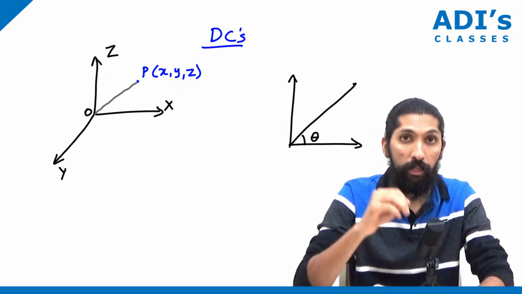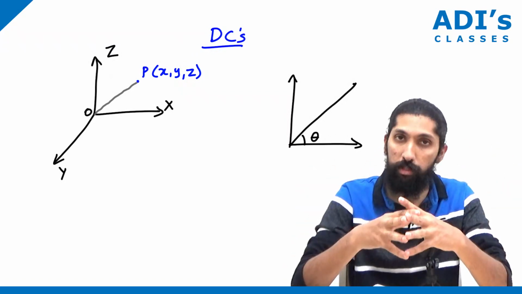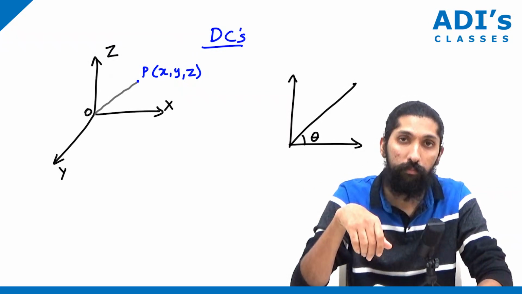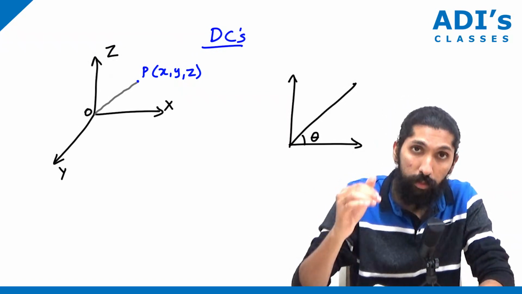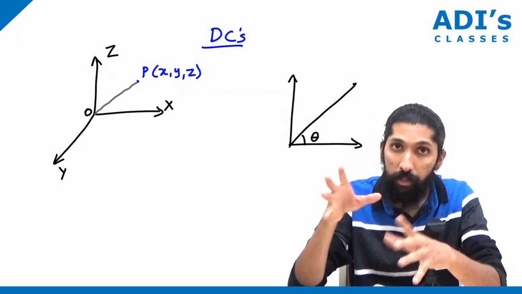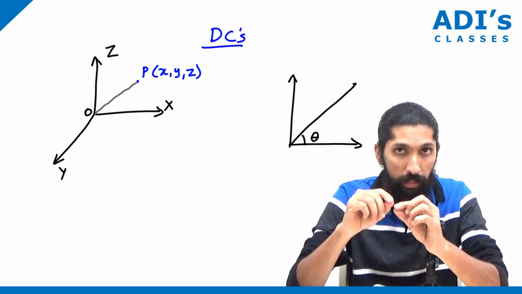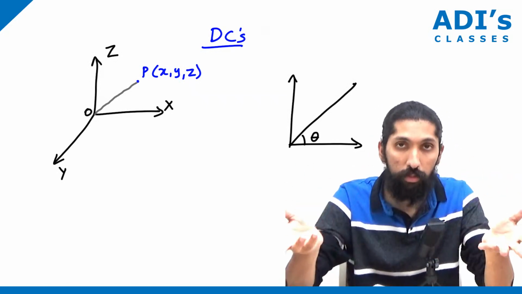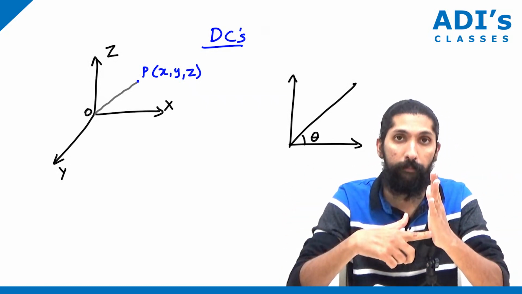Suppose in 3 dimensions, in space, I tell you a line is making an angle of 60 degrees with the x-axis. What is the angle with respect to the y-axis and z-axis? It won't be 30 and 30, not like in 2D. In 2D, with the x-axis if it is 60, then with the y-axis it will be 30. It has no other option because the angle is 90.